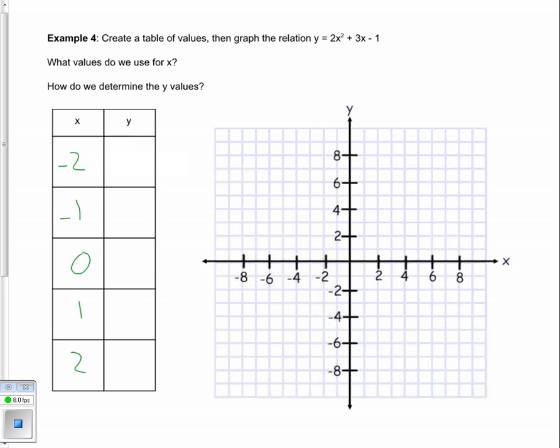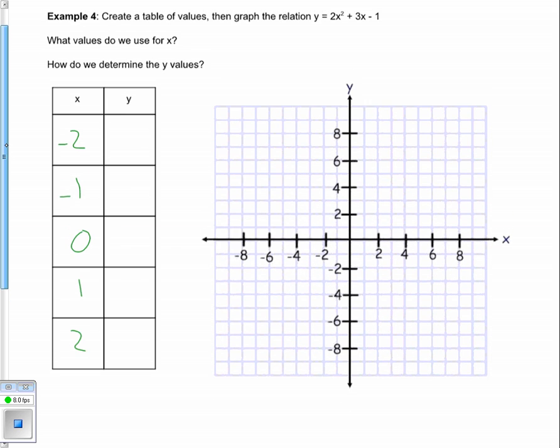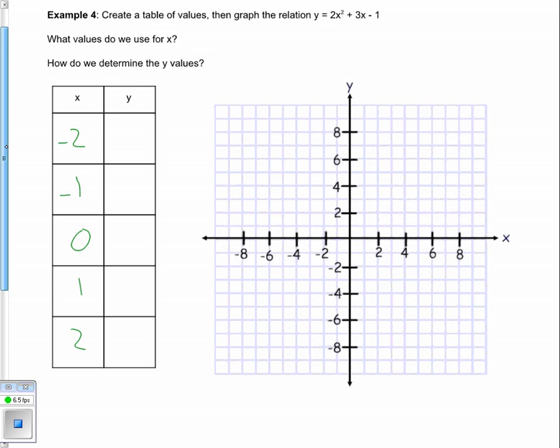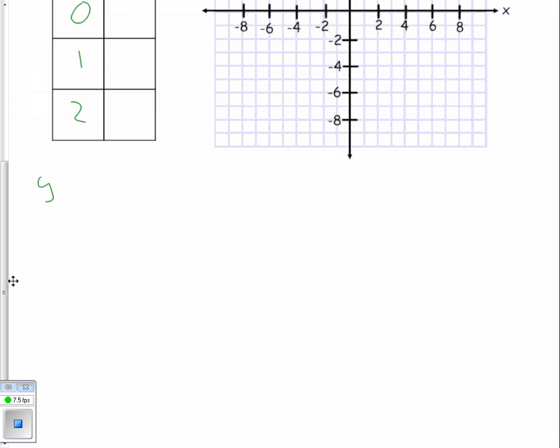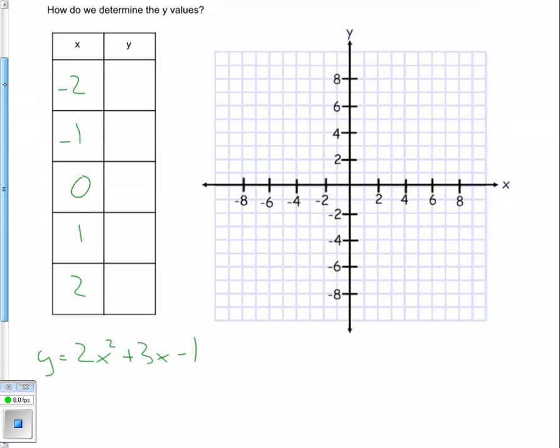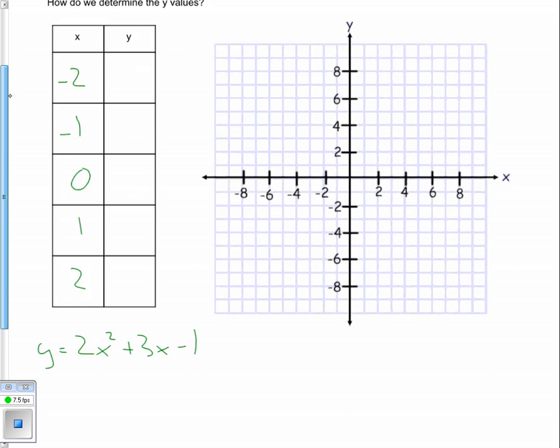So what I'm going to do is I'm going to use some of the workspace that's down here. I'm just going to write out this equation. So y is equal to 2x squared plus 3x minus 1. So let's just quickly verify that I wrote that correctly, and I did. Okay.